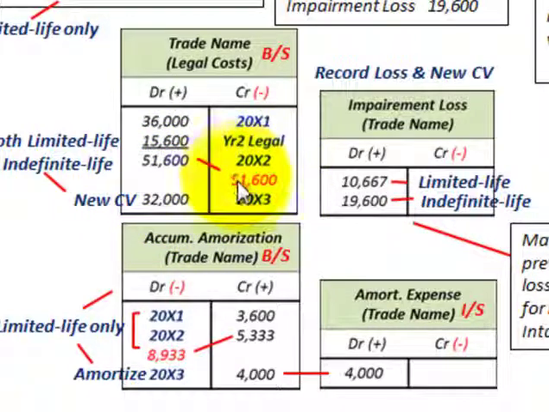That balances with a closeout of our original capitalized amount, $51,600. So this is how we'd recognize the impairment. We'd have to recognize an impairment loss, and for both situations, however we calculated our loss. And then we'd also have set a new carrying value for, in this case, the trade name.